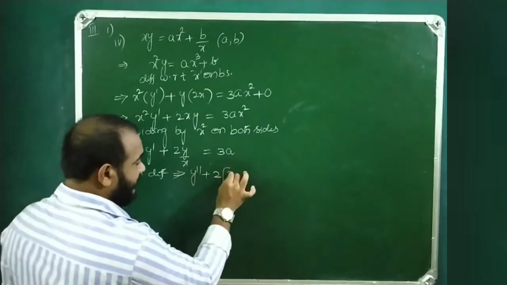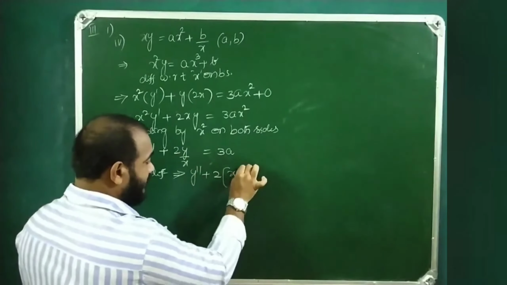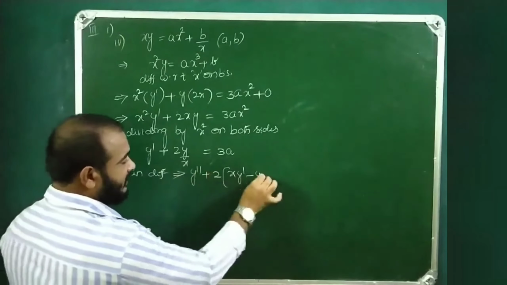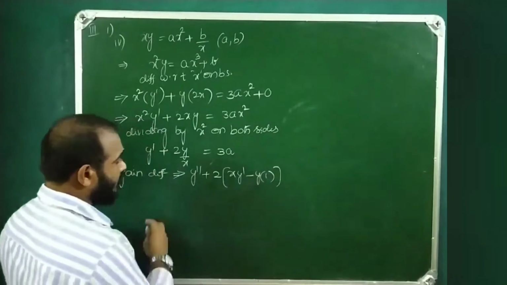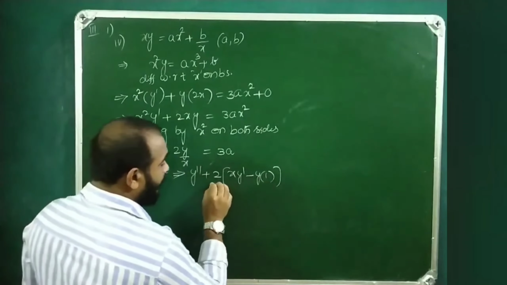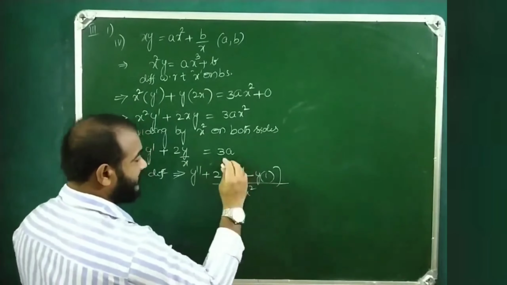This is x into d by dx of y is dy by dx, that is y dash, minus y into d by dx of x is 1.